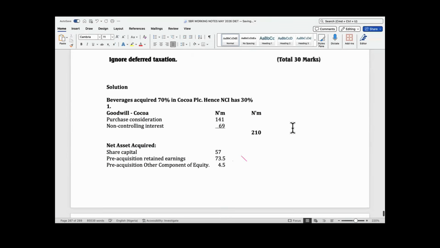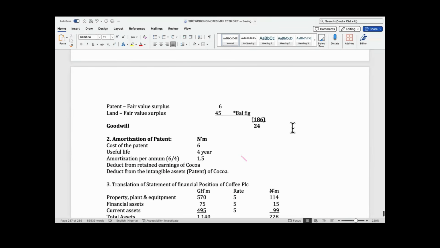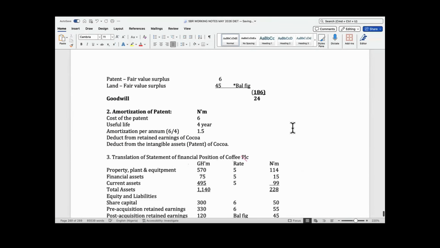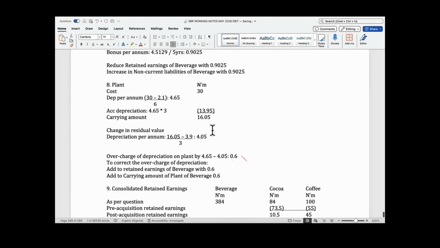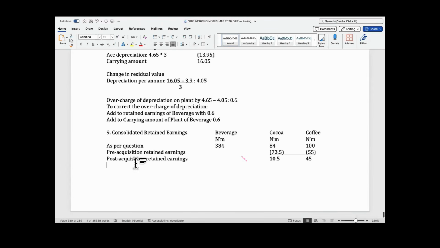So for my workings, first, this one that I'm supposed to deduct from retained earnings of cocoa: amortization of patents, 1.5. Amortization of cocoa, deduct 1.5.